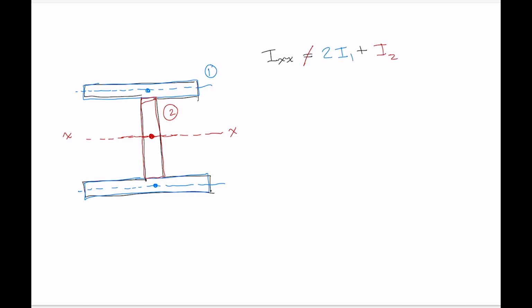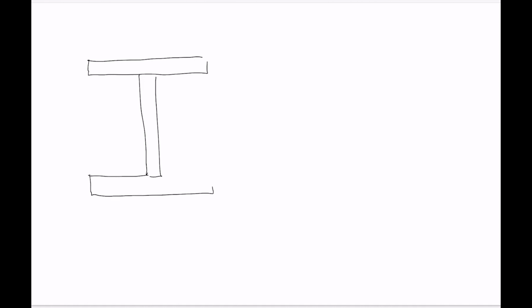What we can do, however, is flip to a new page here and quickly re-sketch that I-beam. We can break this up into rectangles that have centroids all along the same line.